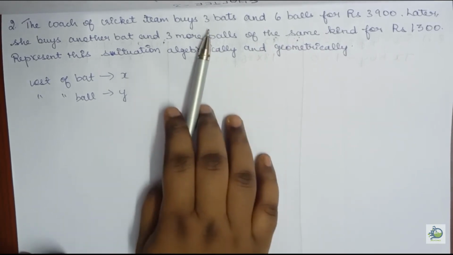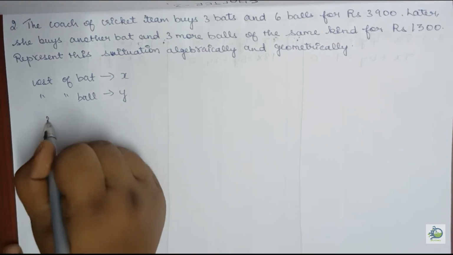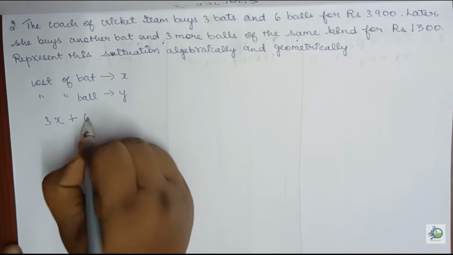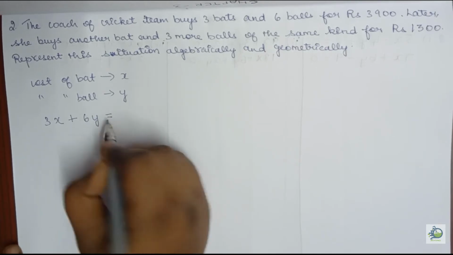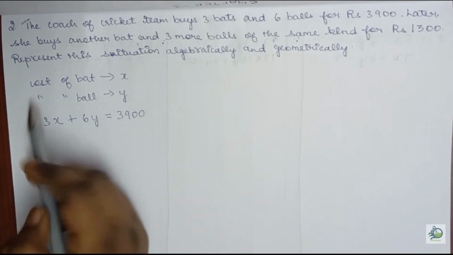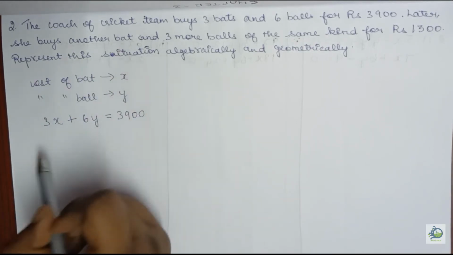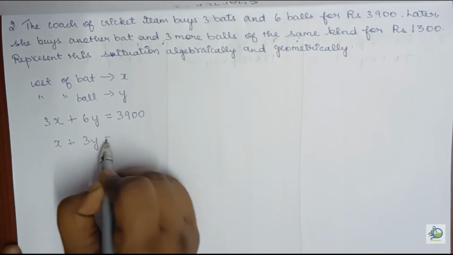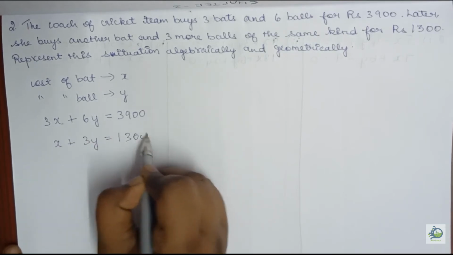So we are going to multiply 3 into the cost of the bat plus 6 into the cost of the ball, and the total cost is 3900. Similarly, she buys another bat and 3 more balls. So x plus 3y is equal to 1300.